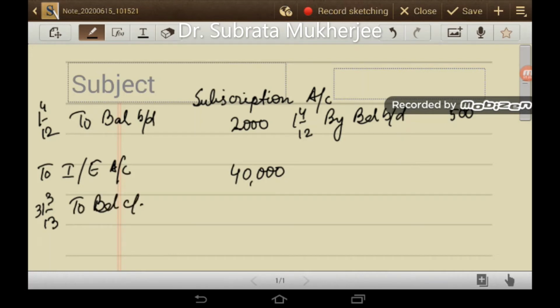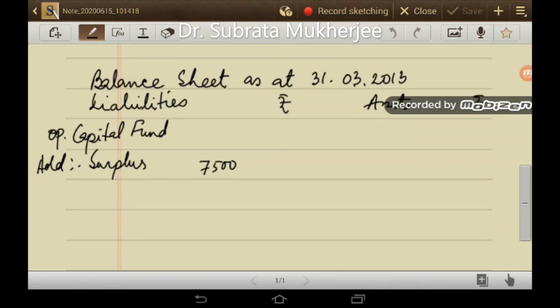To balance CD this is 400 rupees. This will be 31st March 2013. Then this amount of 400 will appear in the closing balance sheet. So in the closing balance sheet I am writing advance subscription received. So this is rupees 400.